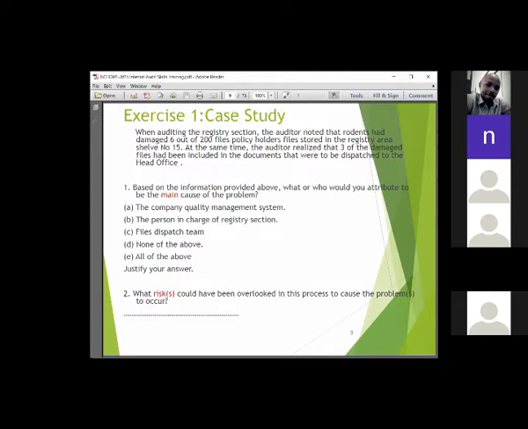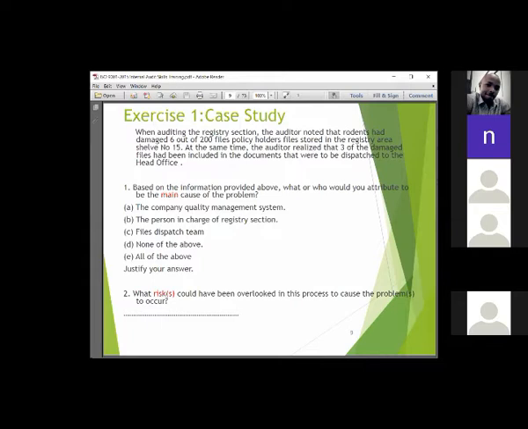Now, what risk could have been overlooked in this process to cause the problems to occur? Remember, we mentioned that we want to build capacity for conducting value-adding, risk-based auditing. So as you audit, you come up with that kind of evidence. As an auditor, you want to ask what risk maybe they have not considered in their risk register, which has caused this to happen.